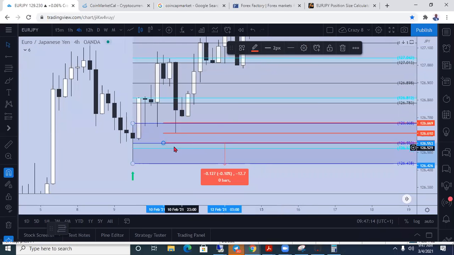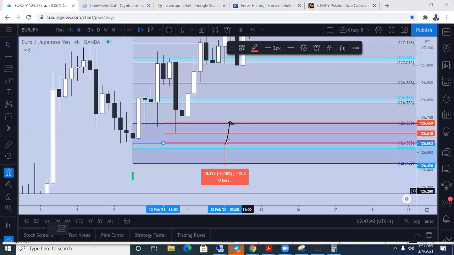Why do I love putting the heavy lot down beneath? I love putting the heavy lot down beneath from experience, right? If price pulls back down to this point, 0.08, by the time price picks my trade at preferred entry, by the time price is already getting back here, I'm in massive profits already.